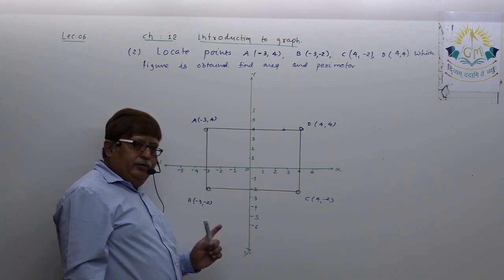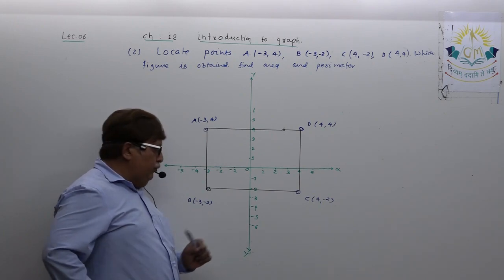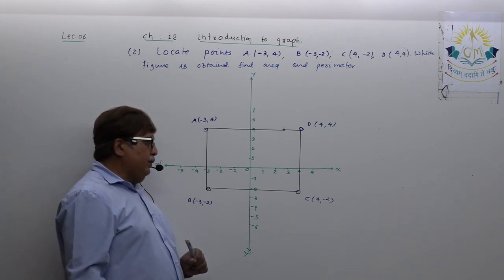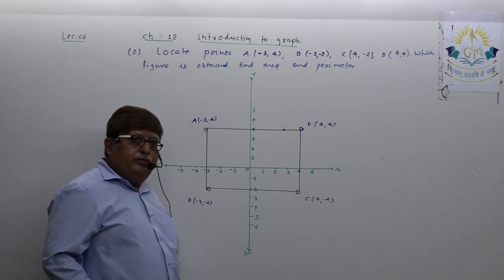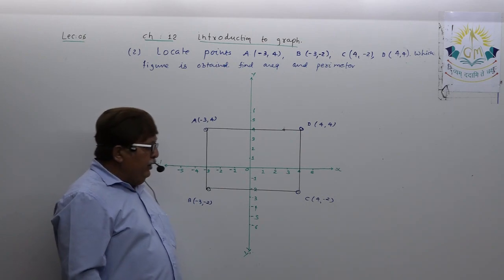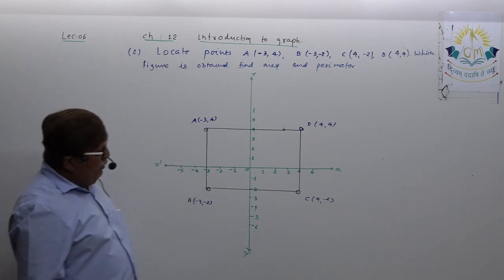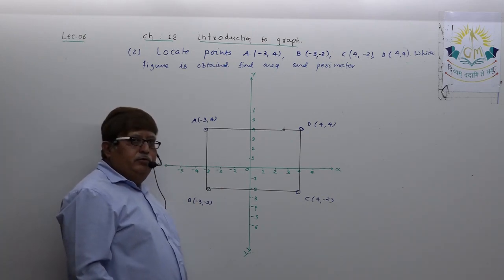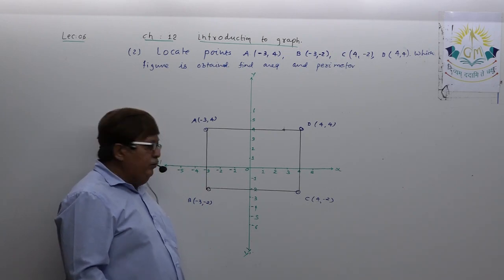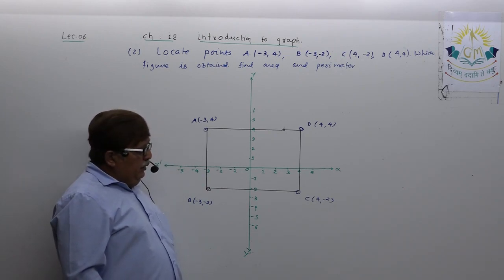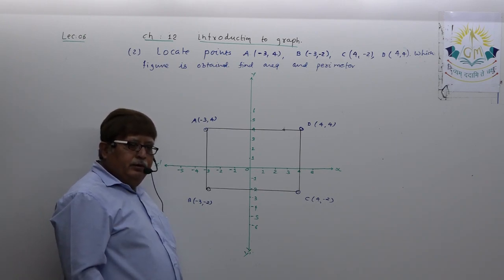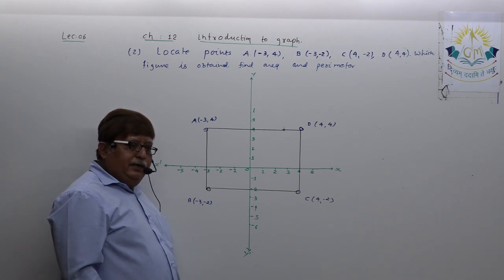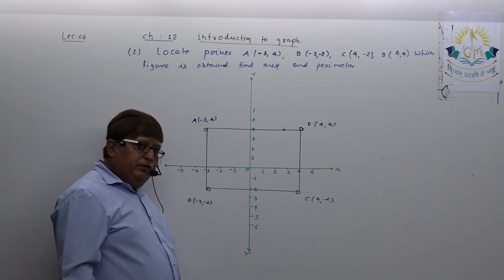You understood this, right? So, dear student, our first answer to this is that the diagram obtained by joining points A, B, C, and D in order is rectangle. That is our first answer.